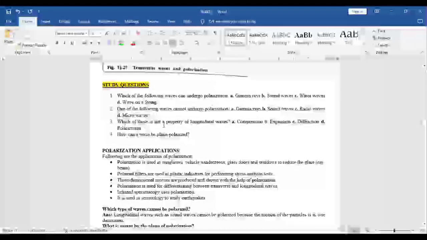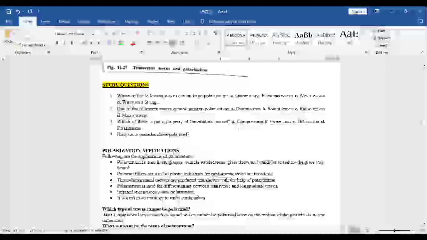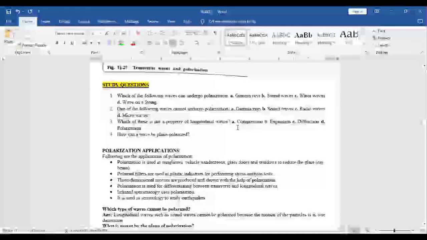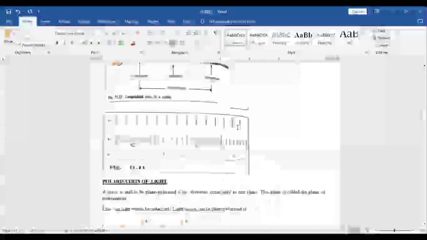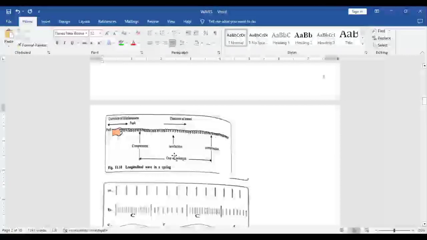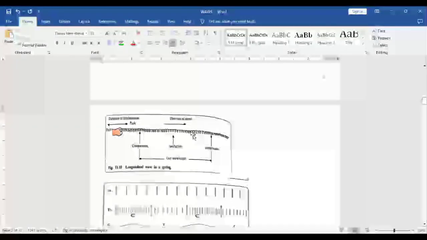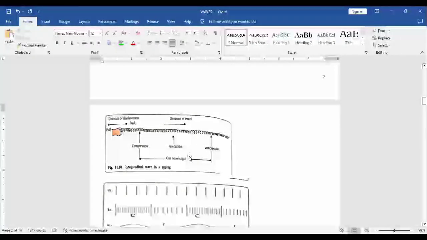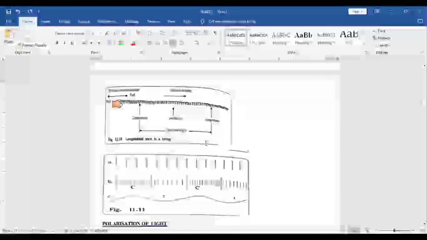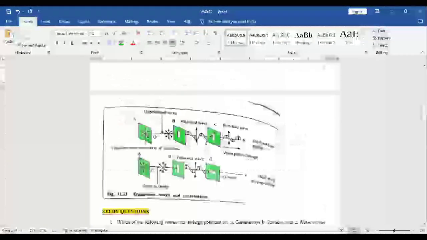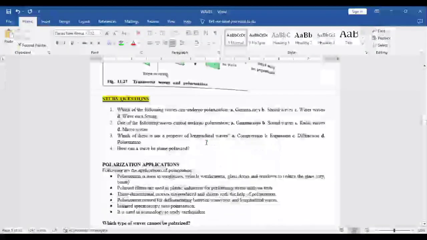Which of these is not a property of longitudinal wave? When you come here, you see some properties of longitudinal wave. It can be compressed, it has extension, compression, and you also have other properties of wave, like it can reflect, can refract, it can interfere, and all of that, but it cannot be plane polarized.